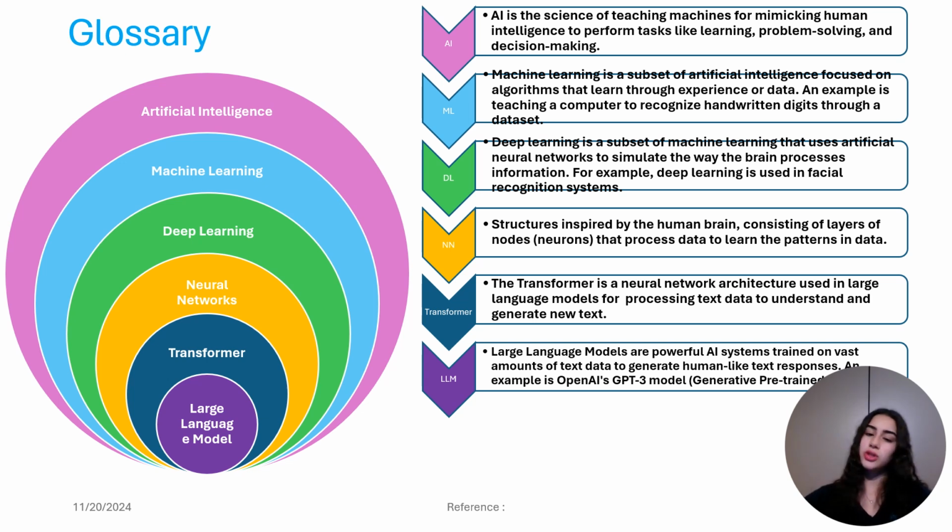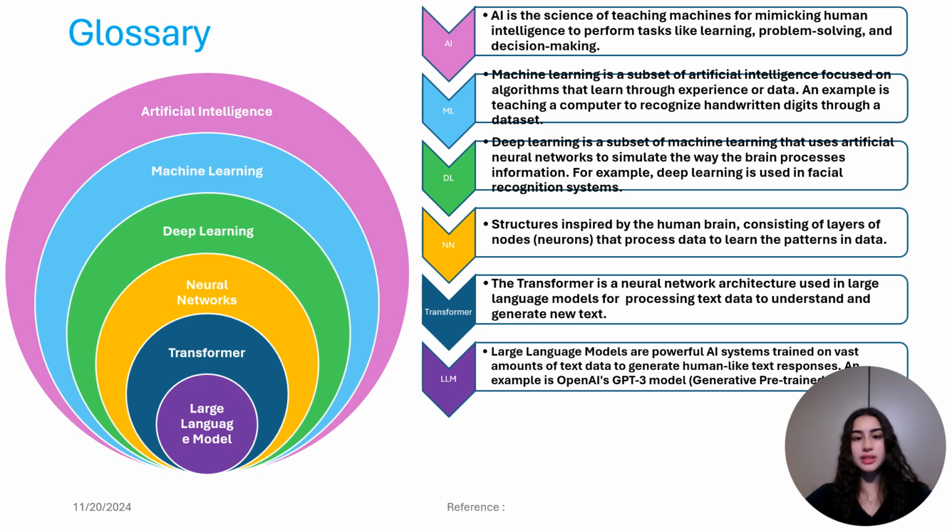Then there's the transformer, and it's a neural network architecture used in large language models for processing text data to understand as well as generate new text. Lastly, there's large language models, and large language models are powerful artificial intelligence systems trained on vast amounts of text data to generate human-like text responses.